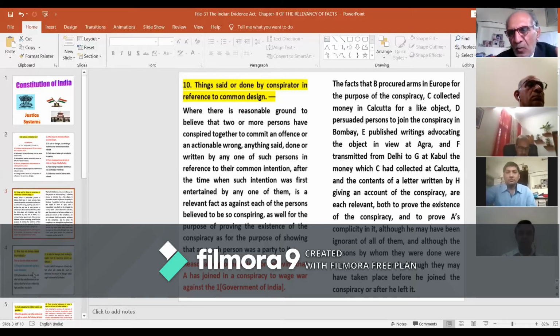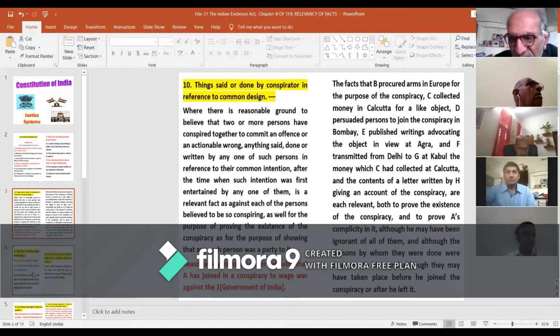Therefore, while relevancy is to be appreciated with respect to a particular act done by a particular conspirator, or some document, some writing of one of the conspirators, the two tests will be: first, whether this act done or document written is subsequent to the conspiracy having been hatched. And second, whether that act done or document written is in reference to the common intention.